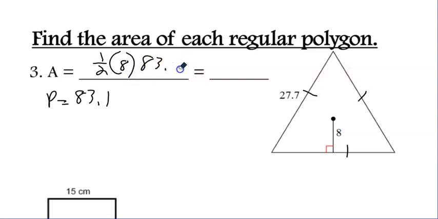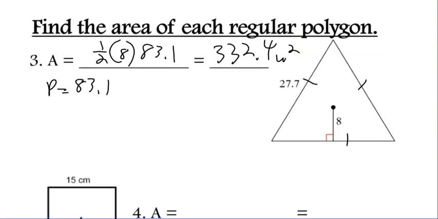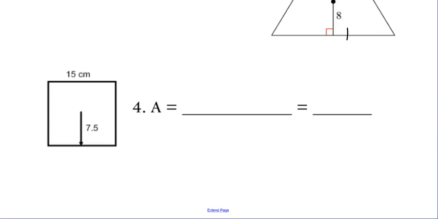I drew a 4 because I was thinking in my head, half of 8 is 4. 83.1 times 4 is 332.4 units squared. So we're just plugging simple numbers into a simple formula. That's it. Not a big deal.